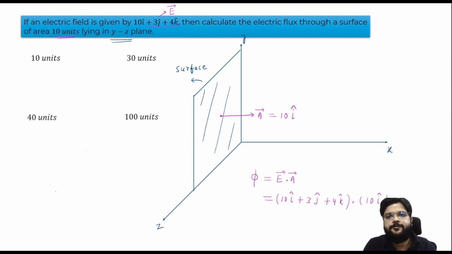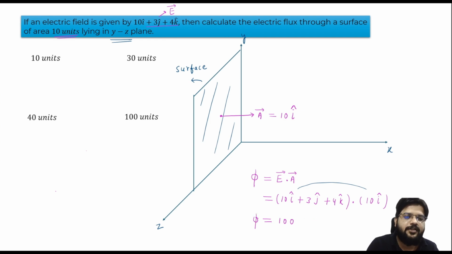Now do the dot product: i with i, j with j. So 10i times 10i is 100. So what is the flux here? It is 100 units. Now check your options, and we get option D, 100 units. I hope this question is clear and how we can do it. All right, note it down, everyone.